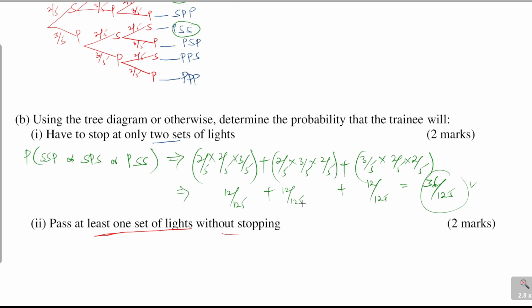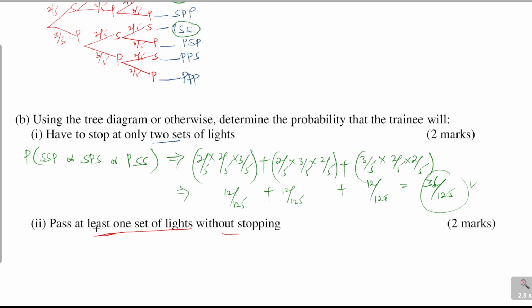In this case, at least one means it is passing at one of the lights or the three. So anywhere we shall have 1 P or 2 P's or 3 P's. That is what you're going to work out.